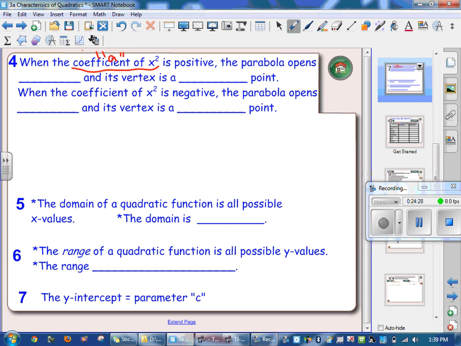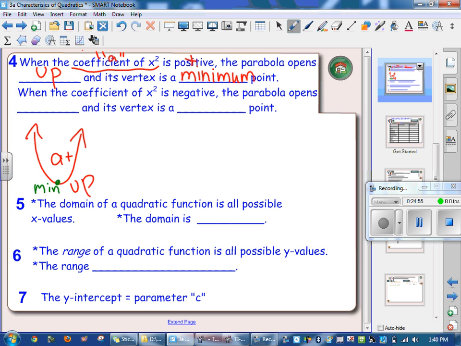That's where a is positive. It's going up, then its vertex is going to be a minimum. Because right here, that is my minimum point. It can't go any lower because it changes directions and goes back up.